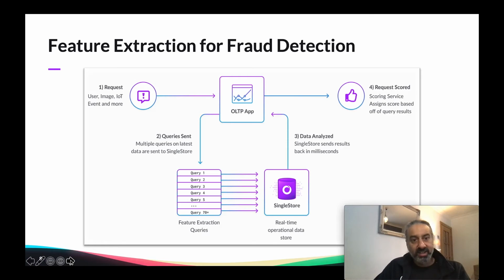If we have a look at some of the detail around that, the next level of detail down, you can see the architecture of how that's working. The execution request comes in, the authorization request comes in to the OLTP application. The OLTP app then passes out a query set of data. It queries SingleStore.